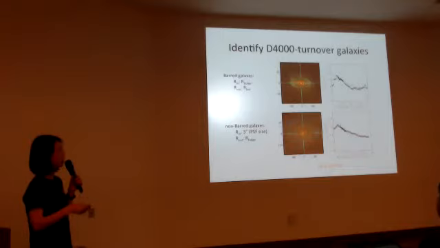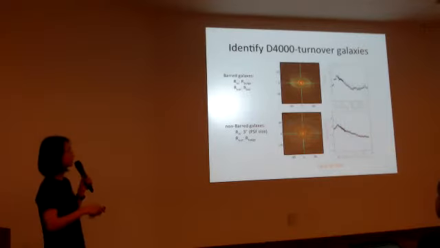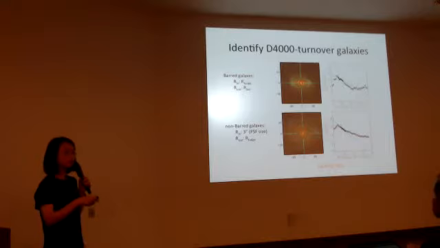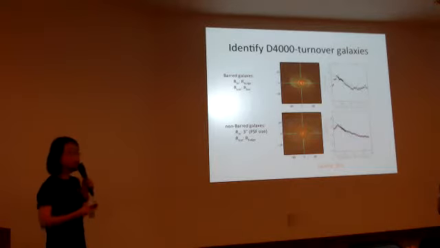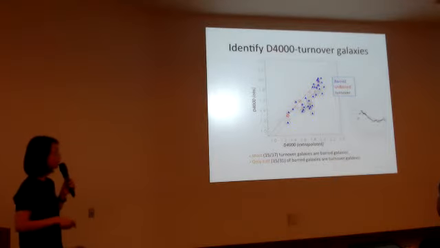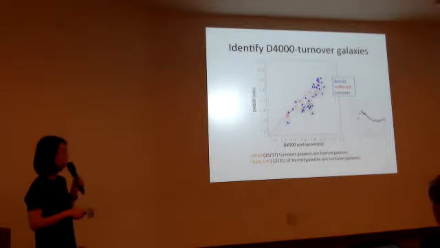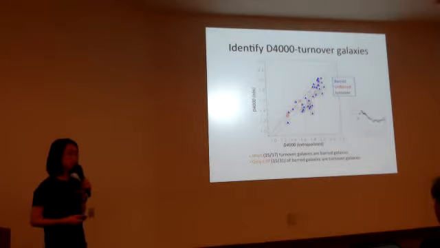So we use a straight line to fit the profile. The idea is that when we compare the observed central value versus the extrapolated central value, we can pick up these turnover galaxies. So here's our result. We compared those 2, the observed and extrapolated values.